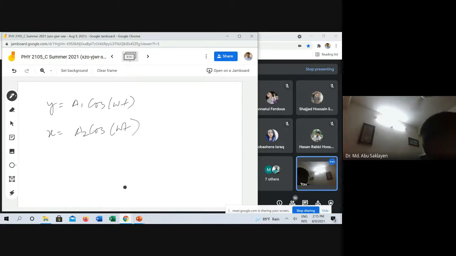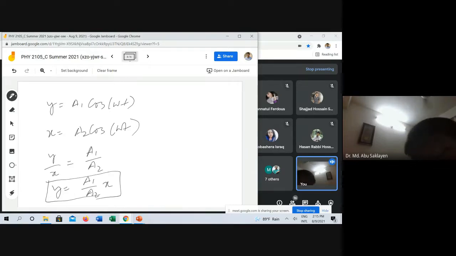So what we will get? y by x equals a1 divided by a2, right? Cos omega t cancels with the other cos omega t. So y equal to a1 by a2 into x. This is the equation of a straight line, right?